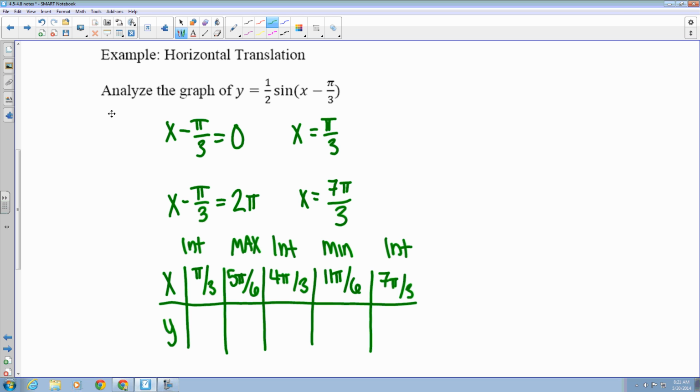So those are my x values. Now the y values are actually the easy part because we know that all of our intercepts are going to be 0. I look at the a value, the 1/2, to figure out my max and min. My max is going to be 1/2 and my min is going to be negative 1/2.